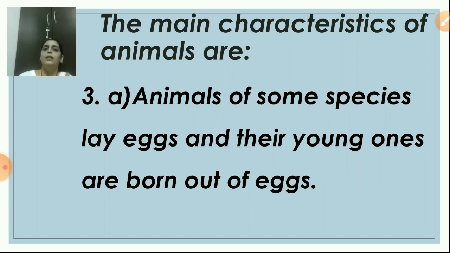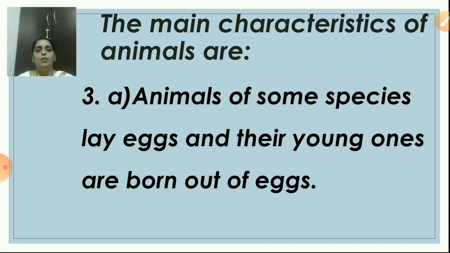Third is, animals of some species lay eggs and their young ones are born out of eggs. This means students, some animals lay eggs and their young ones come out of their eggs.